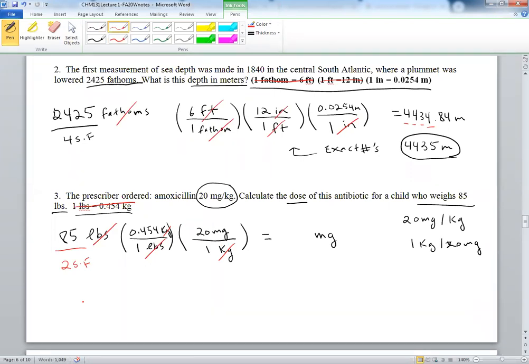So if I were to do the calculation for this, it would be 85 times 0.454 times 20. And that gives me an answer of 771.8 milligrams.